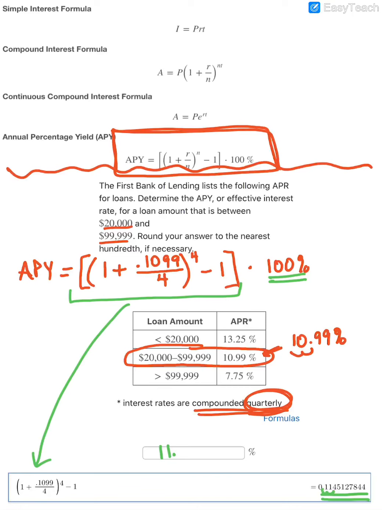So we move it 2, and then we have 2, so 11.45% would be that annual percentage rate. You'll notice 10.99% was the original rate, but because they're compounding, you're adding interest every 3 months, and so you end up getting interest on top of interest. That's why in the end, on a yearly scale, the interest rate looks a little bit higher.